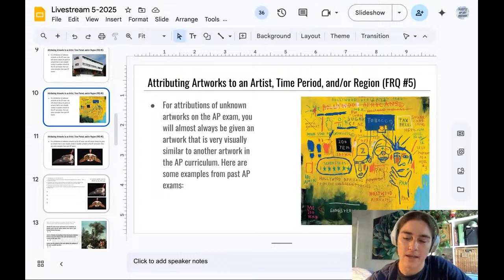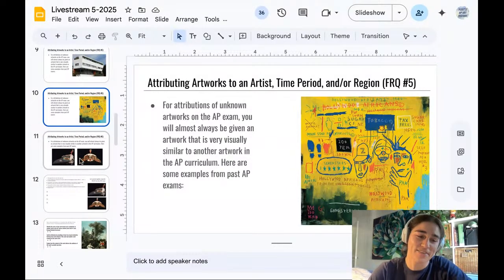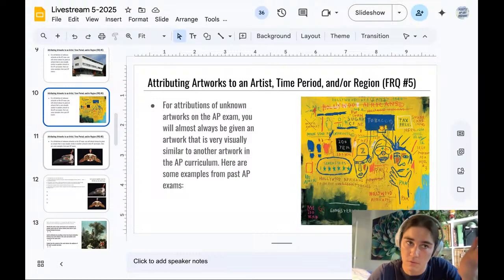I do not have any FRQ predictions. I can't help you there. Sorry. There's 250 artworks, and some artists they've asked about more than once on FRQs. I noticed that they asked about Faith Ringgold on the last exam, and then they also asked about her a couple years ago. So I used to think that they would not ask about an artist or an artwork more than once in the FRQ, but that is clearly not the case.